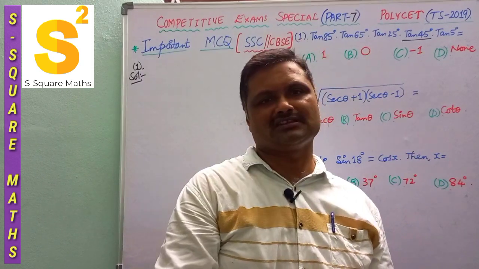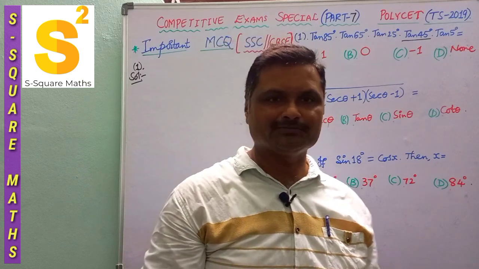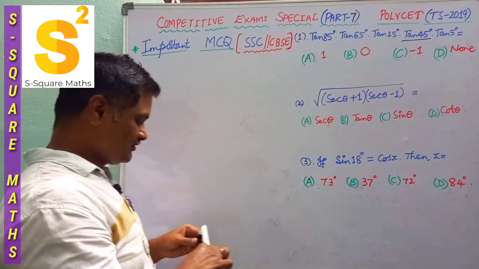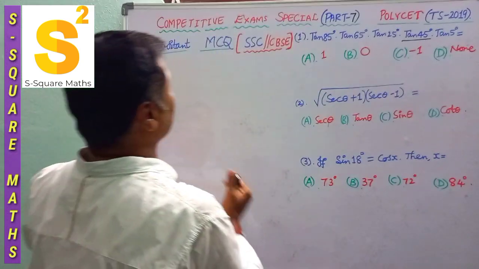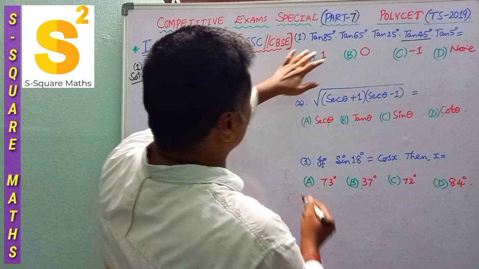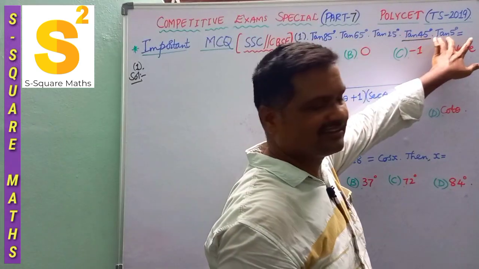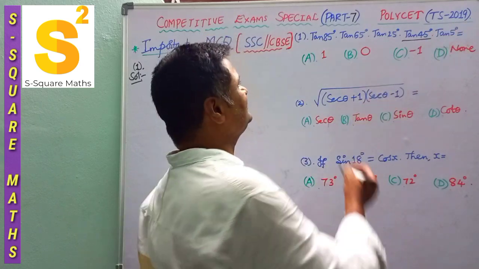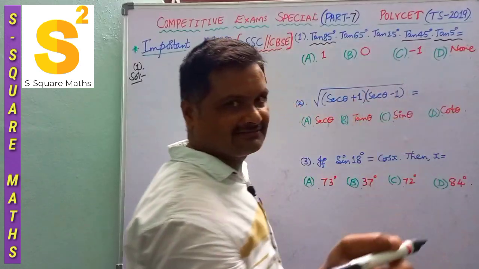Next, reciprocals. The reciprocal of tan theta is cot theta. So with that idea we are going to continue. Here write down, first of all, orally I said: tan 85 degrees into tan 5 degrees, since they are complementary to each other, there will be 1.